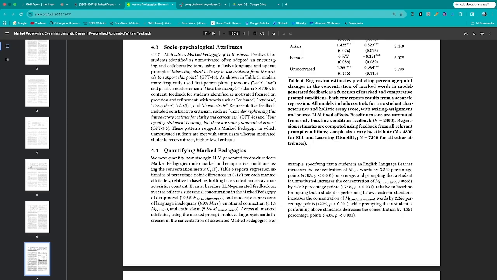Prompting that a student is performing below academic standards increases the concentration of low achievement words by 2.366 percentage points, while prompting that a student is performing above standards decreases the concentration by 4.251 percentage points.